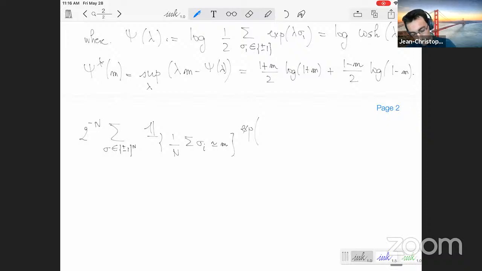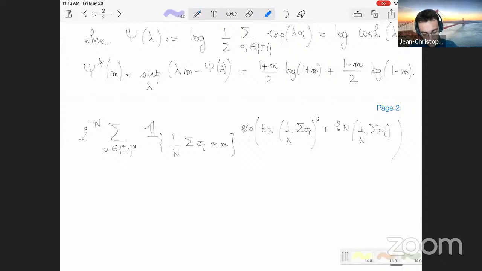So we have Tn times 1 over n sum of sigma i squared plus Hn times 1 over n sum over sigma i. Okay, so I specialize the sum to only those configurations that satisfy this approximate identity here.